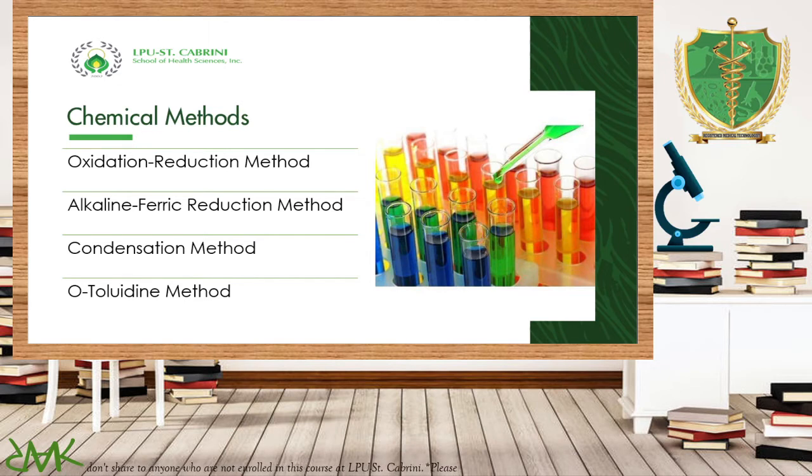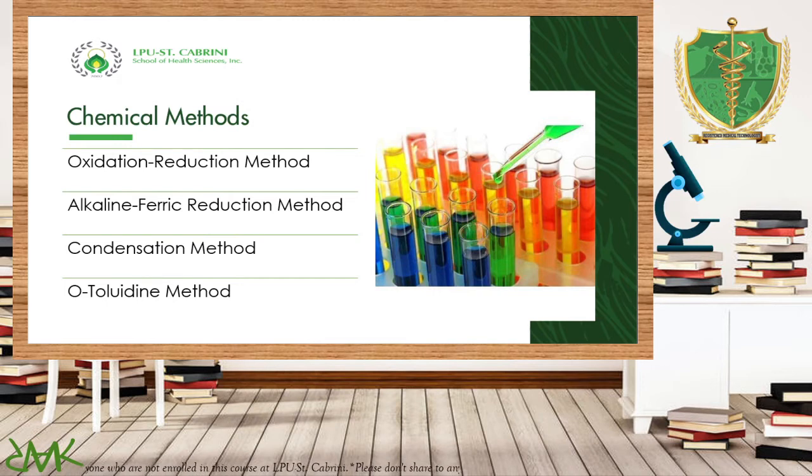For example, the orthotoluidine method and the oxidation reduction method, which includes the Benedict's test. Under chemical methods, we have the oxidation reduction method, the alkaline ferric reduction method, the condensation method, and the orthotoluidine method.